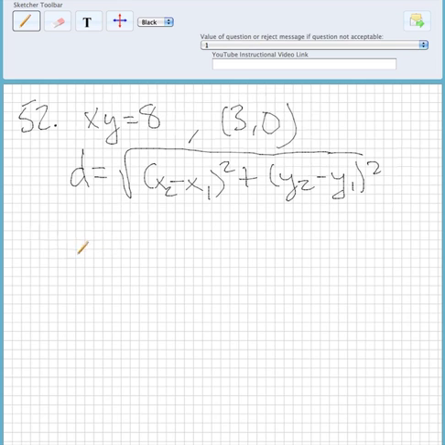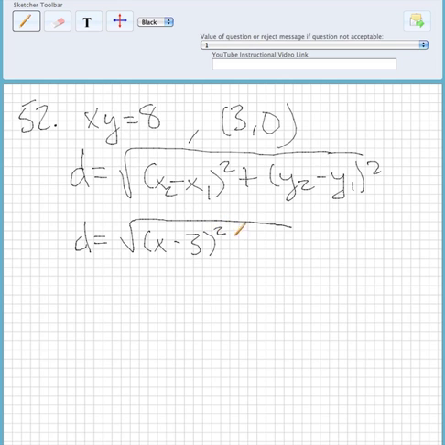So we can plug these two things in: the x from the hyperbola, and then the 3 from the point, plus the y from the hyperbola minus the 0, squared.